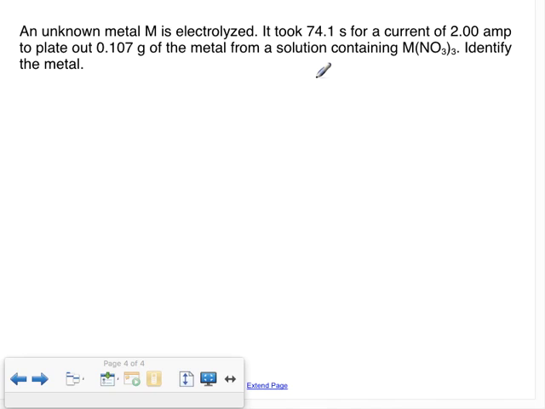So if we want molar mass, so we can identify the element. Well, if we know the grams that were plated, if we figure out how many moles were plated, we can find the grams per mole, and then that would be the molar mass.